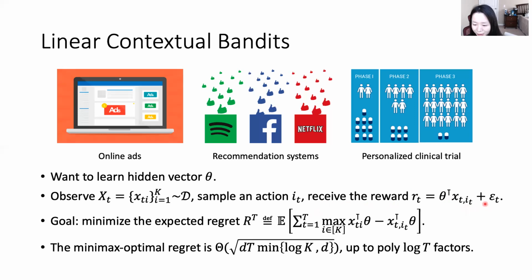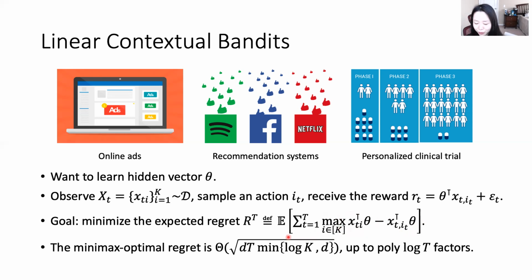Notice that here, contexts represent individual features, actions represent recommendations, and the rewards represent outcomes. His goal is basically to explore more about theta while minimizing the measurement, which we call regret, which is defined as the expectation of the accumulated difference between our choice of x theta and the best choice of x theta.